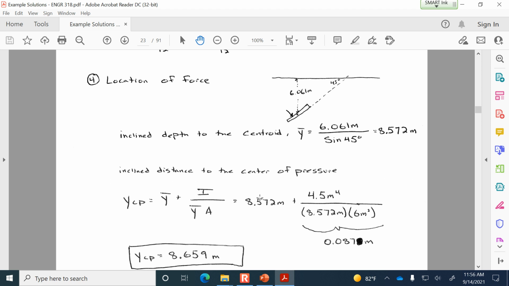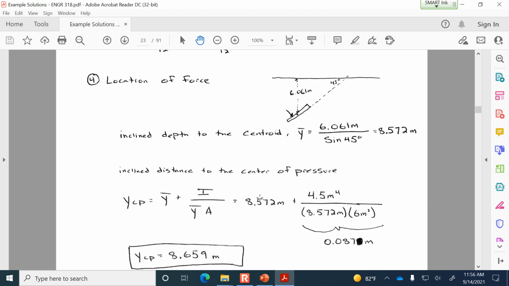This is a triangle where we have 6.061, we want to know Y bar, and this angle is 45 degrees.